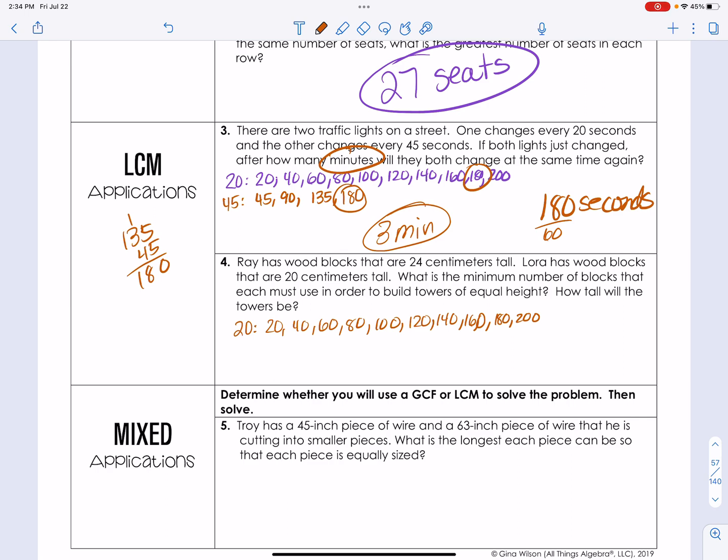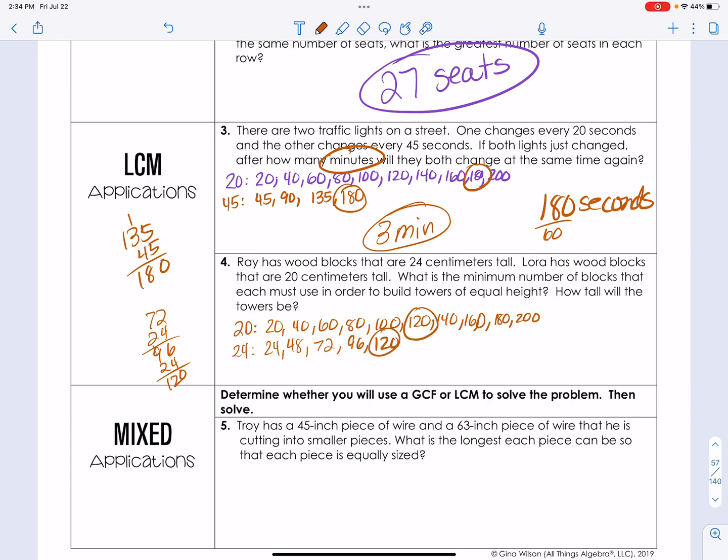Then I'm going to do 24: 24, 48, 72, 72 plus 24 is 96, plus 24 is 120. There it is.